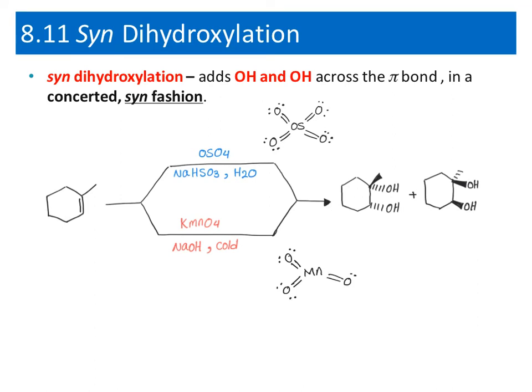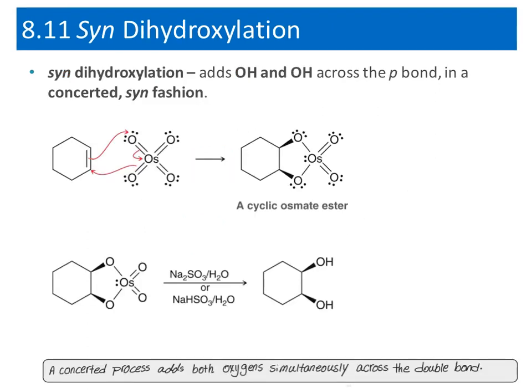We need the potassium ion here to stabilize the negative charge on this oxygen. So we are not going to look at the entire mechanism for syn dihydroxylation, but we need to know that the mechanism is concerted. So the OH groups will be added at the same time, and of course to the same side of the double bond.